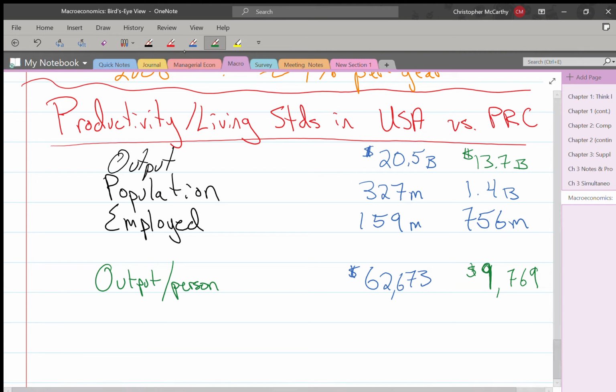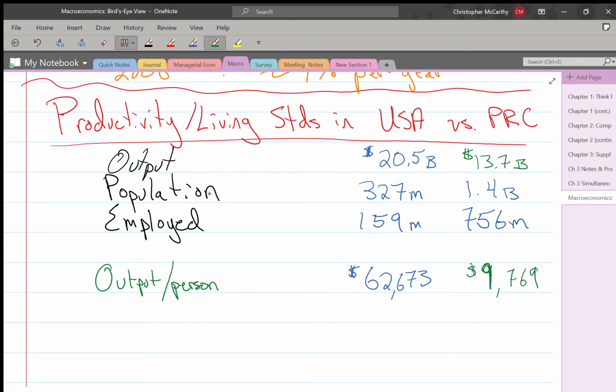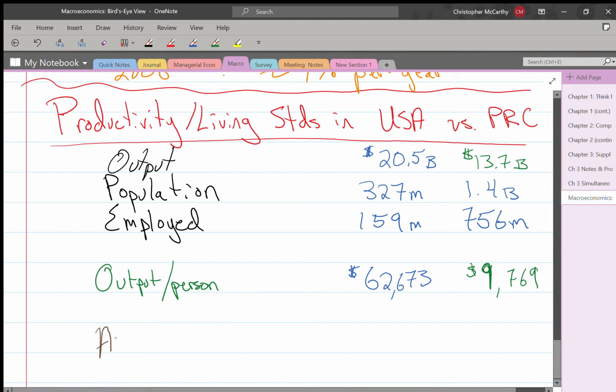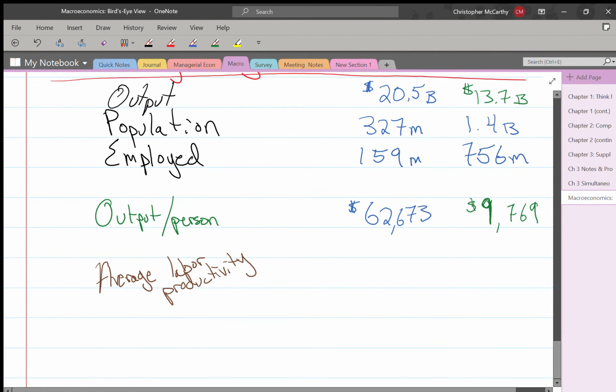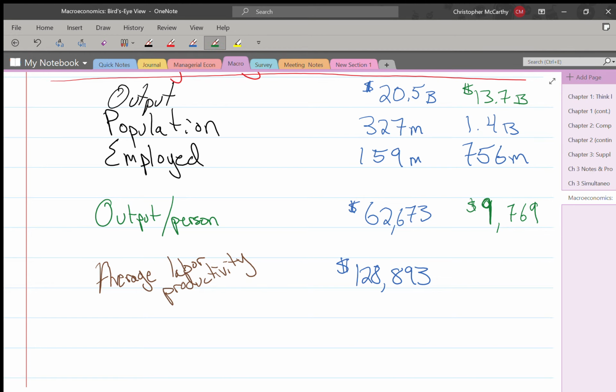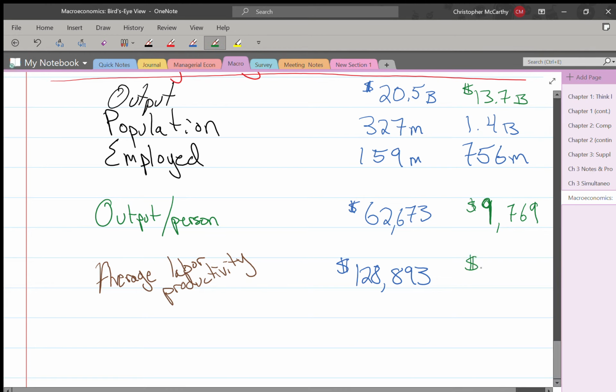If we look at the average labor productivity for the United States, it is $128,000 per worker. And the average labor productivity in China is about 18 grand per worker.